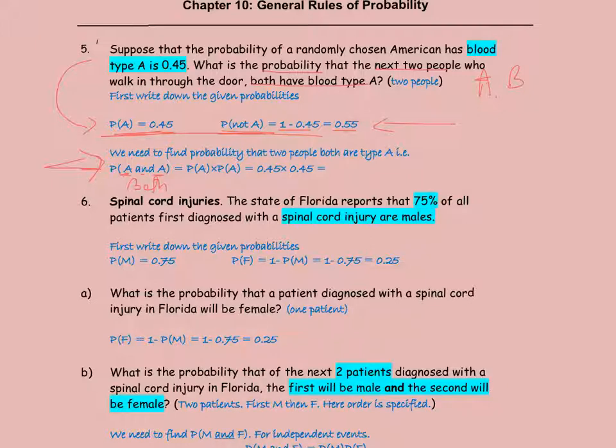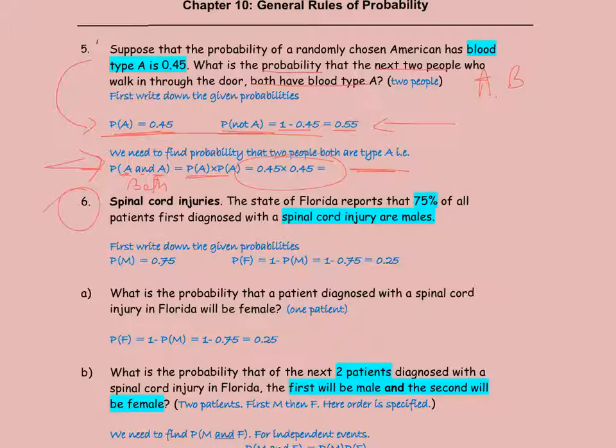So according to the rule, AND translates to multiplication, and it's simple multiplication of probabilities if the two events, selecting a person with blood type A in the first round and selecting a person with blood type A in the second round, are independent of each other. So we simply multiply the two probabilities based on the formula, and that gives us the final answer. Just use your calculator to figure that out.